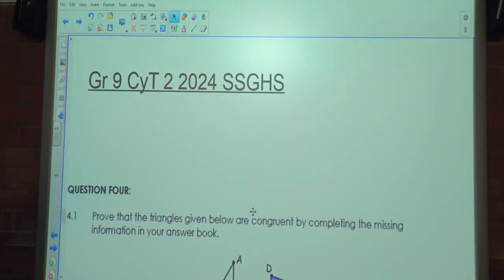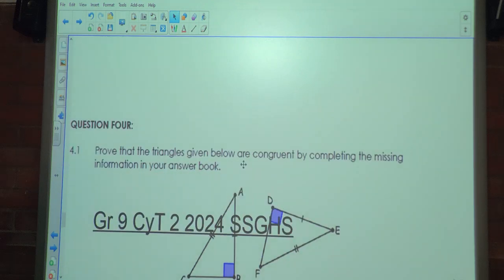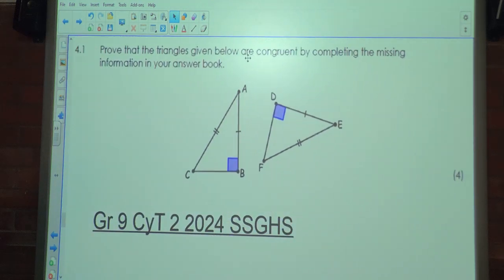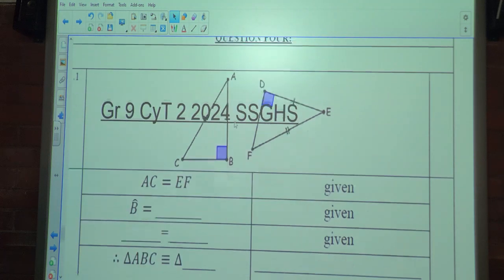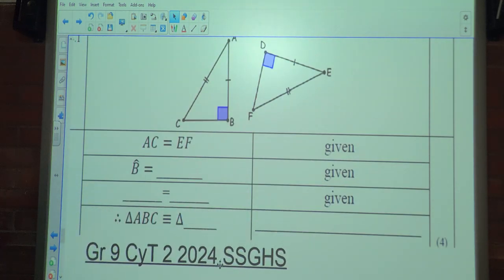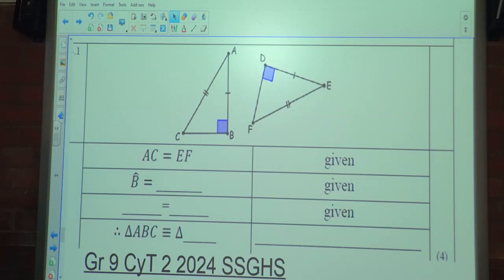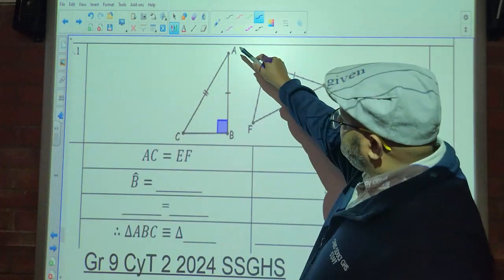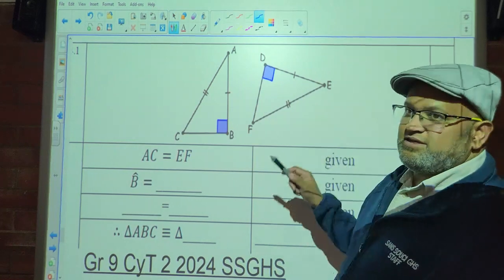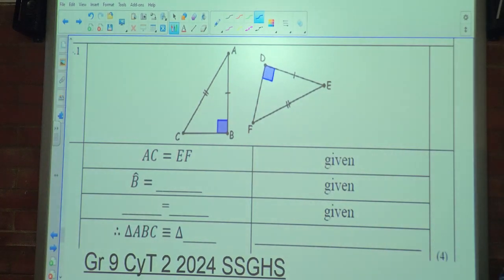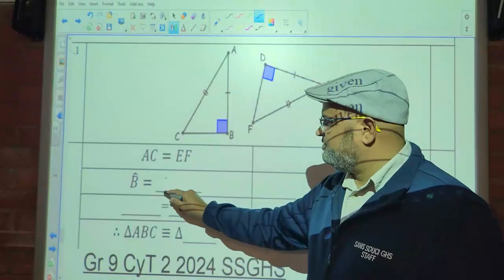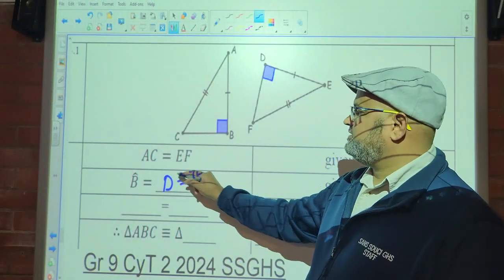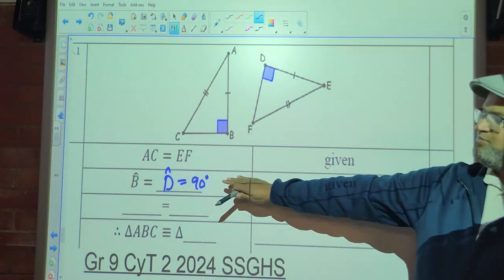Question 4. It says prove that the triangles given below are congruent by completing the missing information in your answer book. So we're saying that AC is equal to EF. Why? Given. Angle B is equal to angle D, which is equal to 90. Why? Given. You didn't have to put this 90.